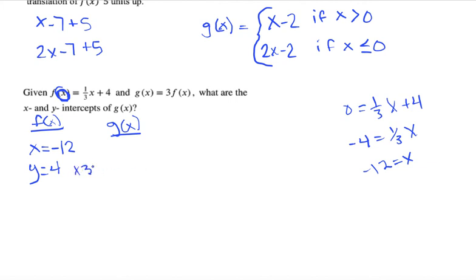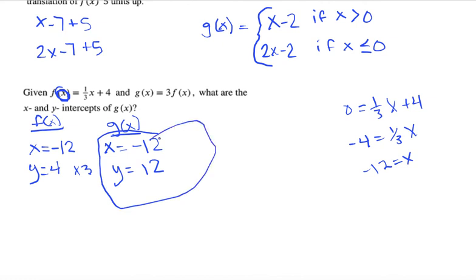My x's stay the same, and my y becomes 12. So this would be your answer, because I think they only ask for the intercepts of g of x. What are the x and y intercepts of g of x?